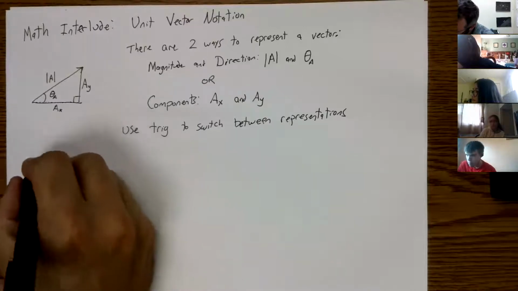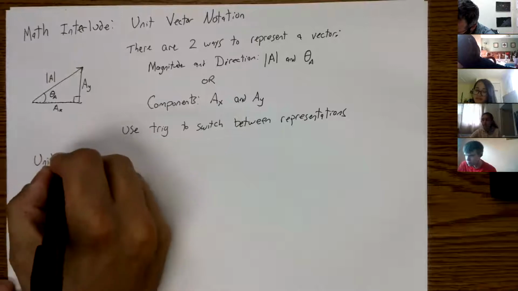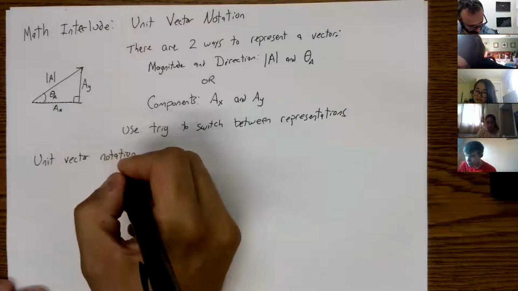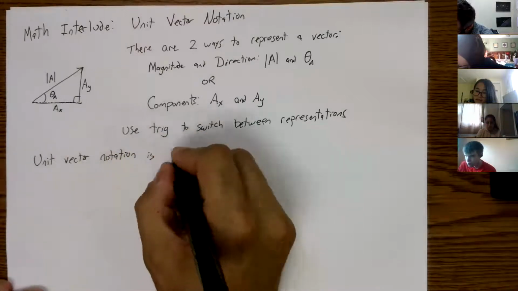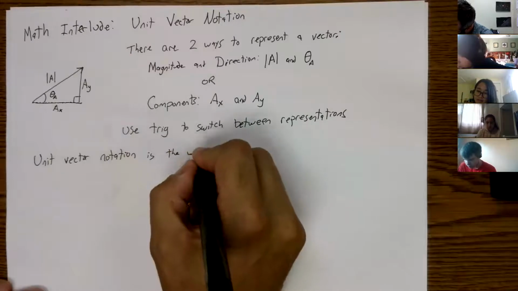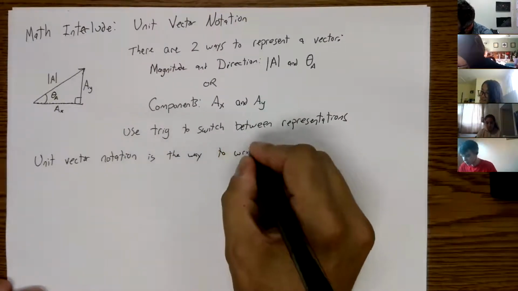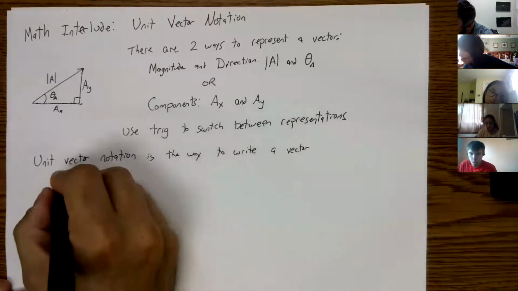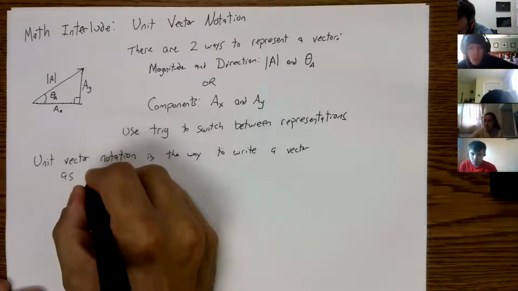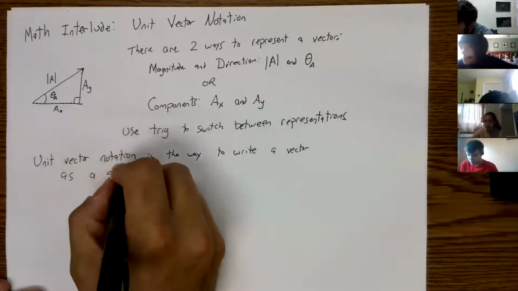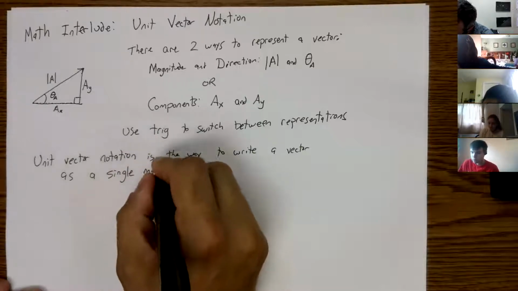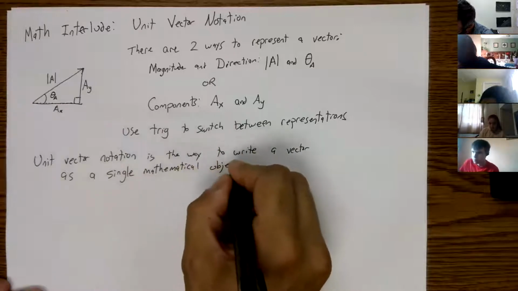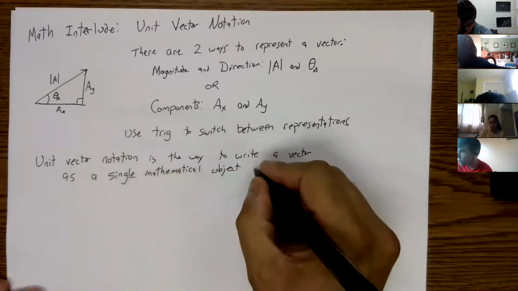So the reason we use unit vector notation is that it's the way to write a vector as a single mathematical object that can be used in equations.